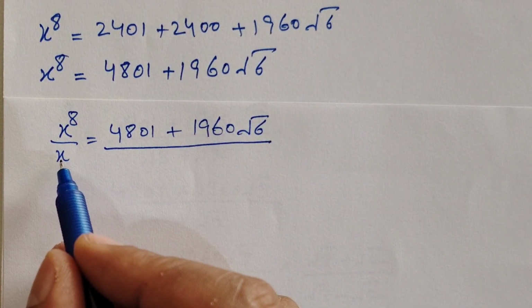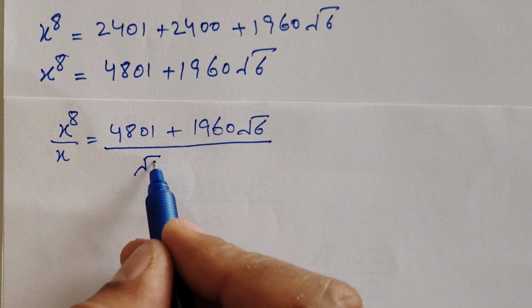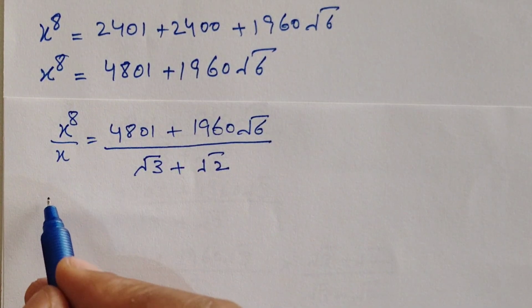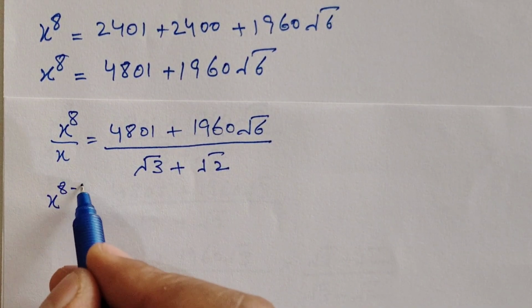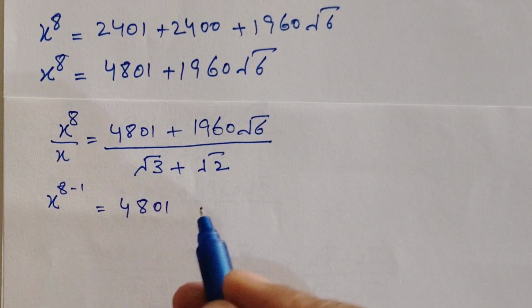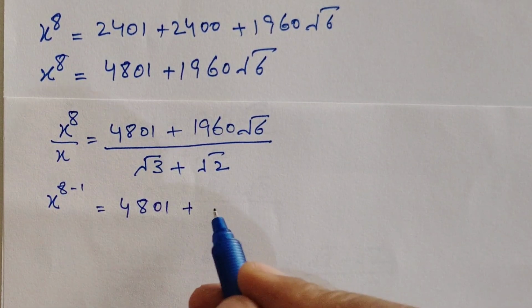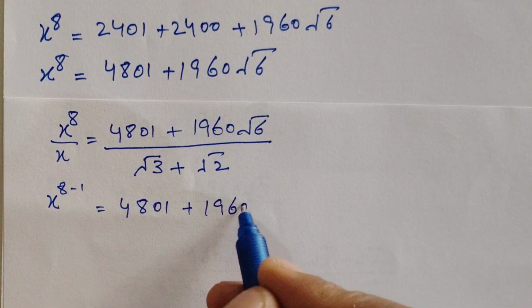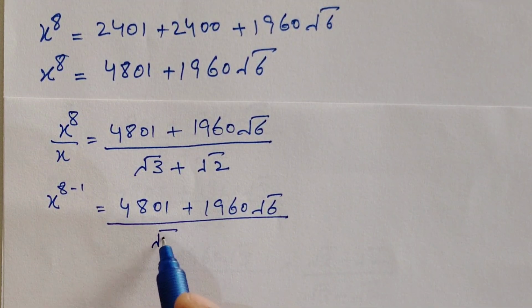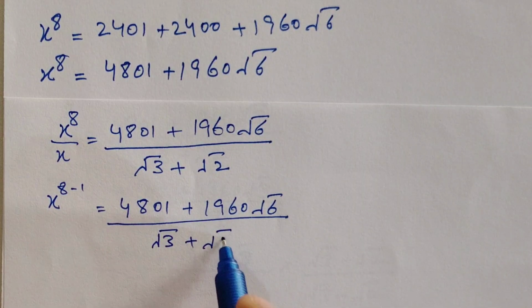As we defined x before, which is square root of 3 plus square root of 2. X power 8 minus 1 is equal to 4801 plus 1960 square root of 6 divided by square root of 3 plus square root of 2.